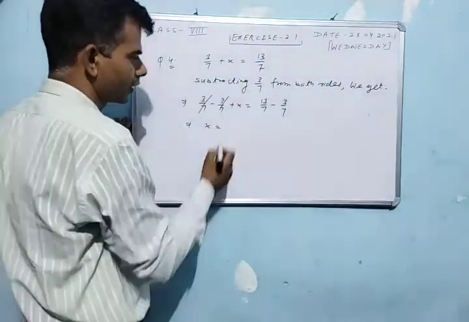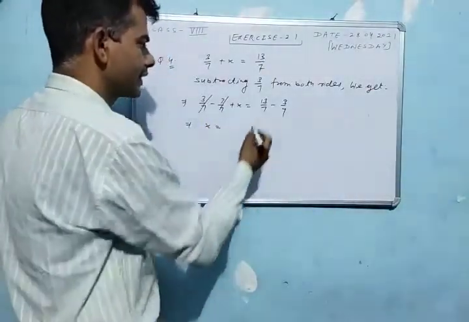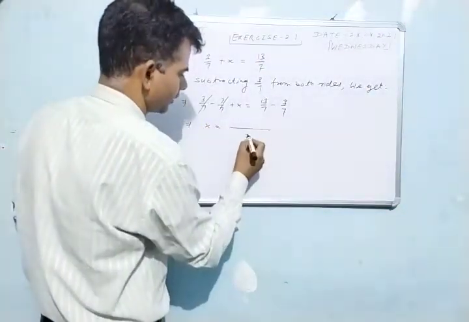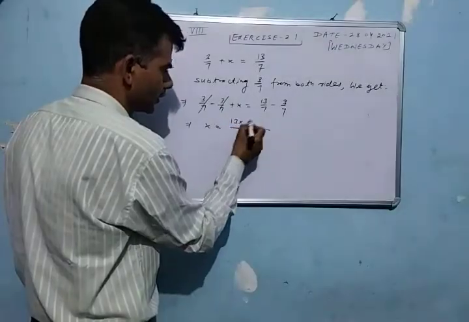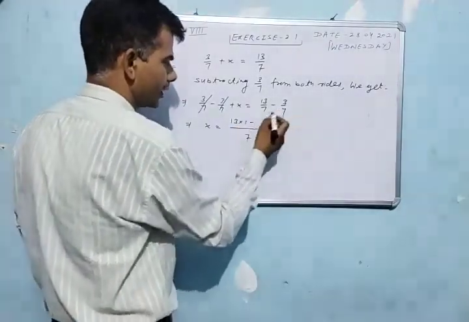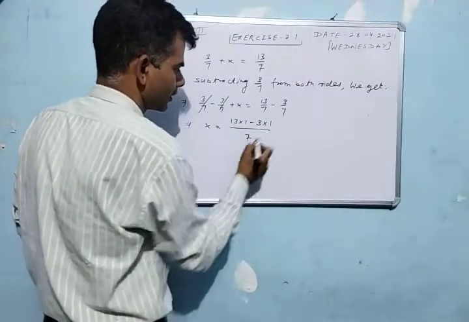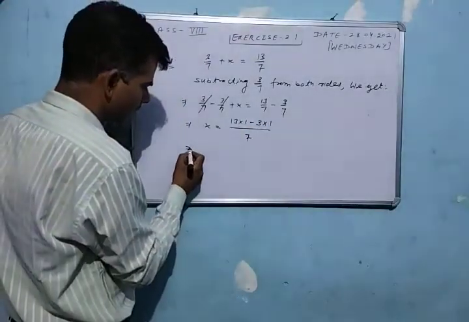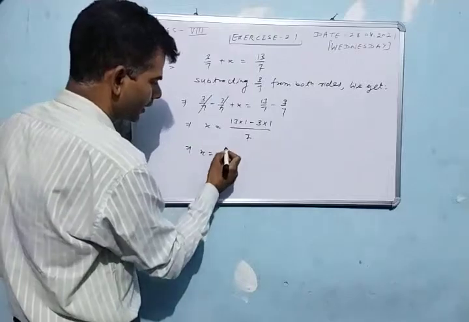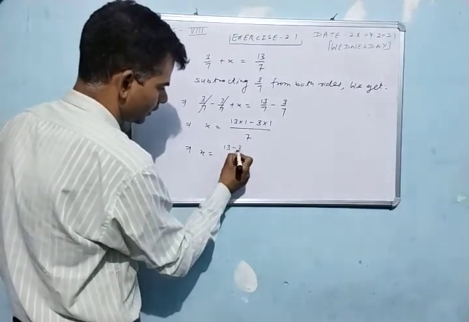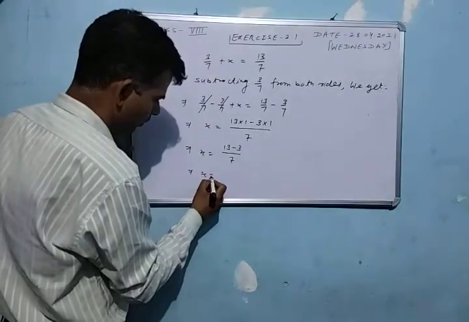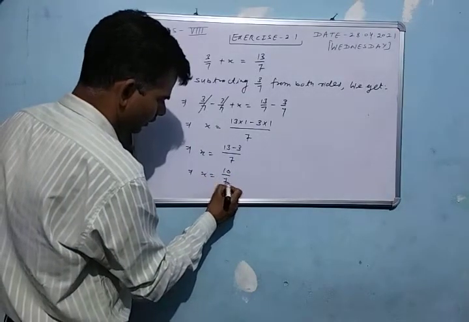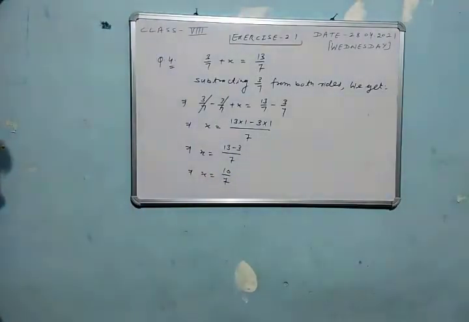Now x is left. Student, LCM is 7. 13 as it is. 3 as it is. So x is equal to 13 minus 3 divided by 7, that is x is equal to 10 by 7. Student, note down it.